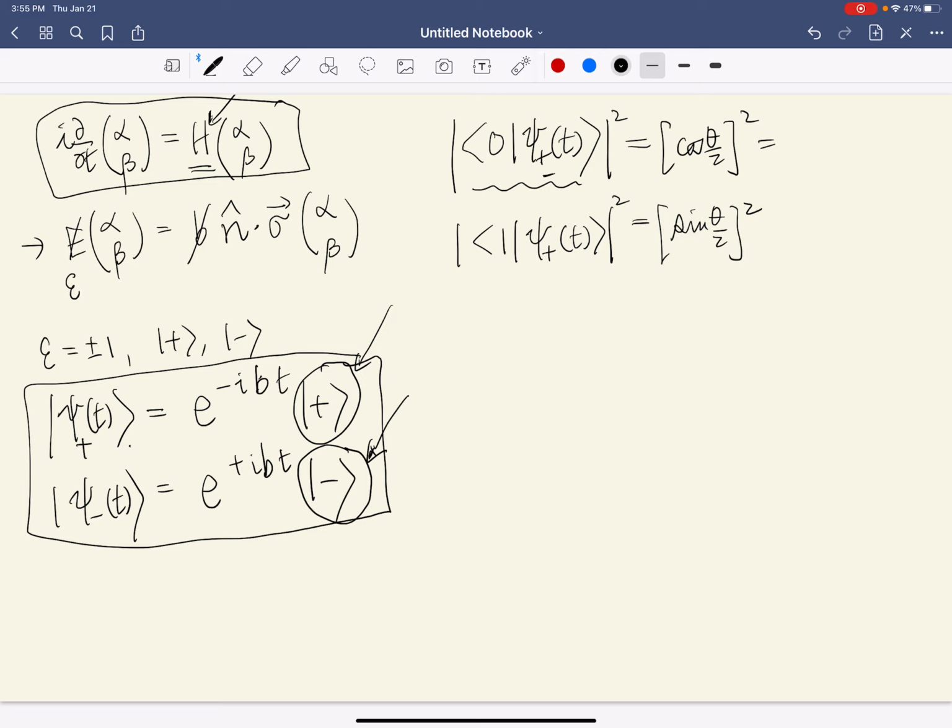But if you apply the rules of trigonometry, then this comes out to be 1/2 times 1 plus cosine theta. The other one turns out to be 1/2 times 1 minus cosine theta. So quite nicely, the sum of these probabilities becomes exactly 1.